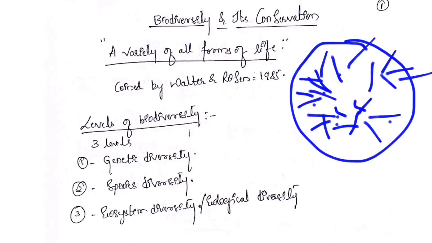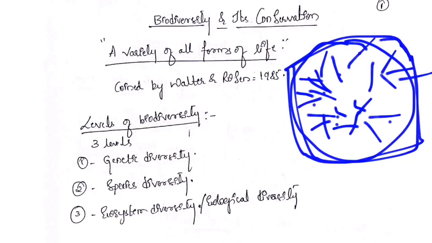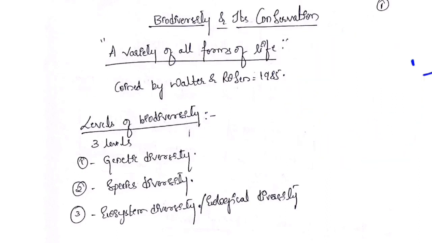So all this together, variety of all forms of life present on earth is called as biodiversity.